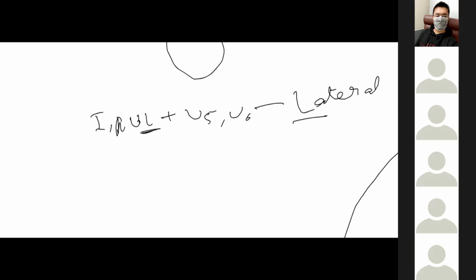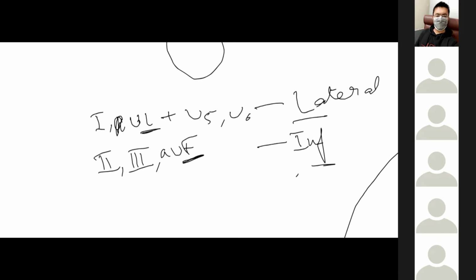Then there come 2, 3, AVF. Always remember with F, this is the inferior aspect of the heart. 1, AVL plus V5, V6 was the lateral aspect of the heart, and 2, 3, AVF is the inferior aspect of the heart.